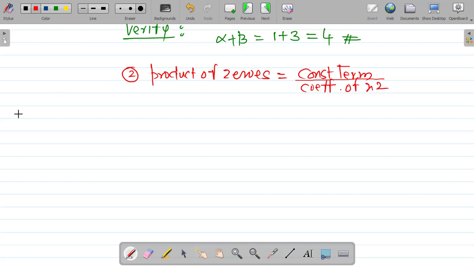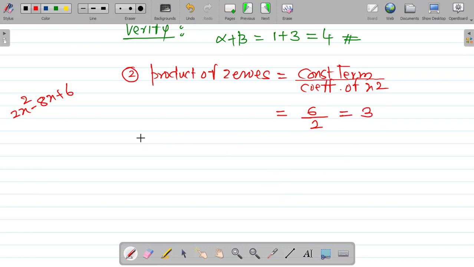So in this polynomial, that is 2x square minus 8x plus 6, what is the constant term? The constant term is 6 upon the coefficient of x square, which is 2. So this will be 3.